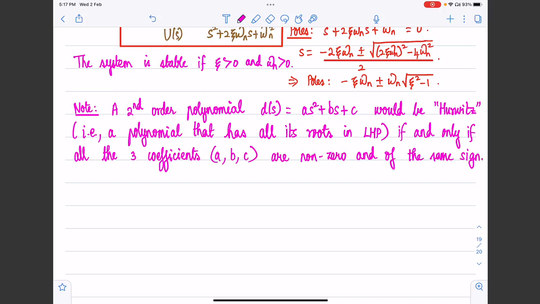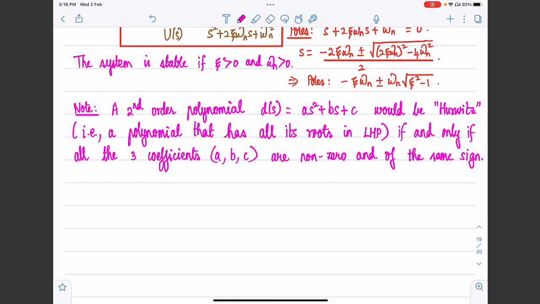Why is it important for us? Because it matters when we talk about stability. If you want the system to be stable, all the poles of the transfer function must be in the left half of the complex plane. In other words, the denominator polynomial must be Hurwitz, because the roots of the denominator polynomial are the poles. If the denominator polynomial is of order 2, the necessary and sufficient condition for it to be Hurwitz is that all three coefficients be non-zero and of the same sign.